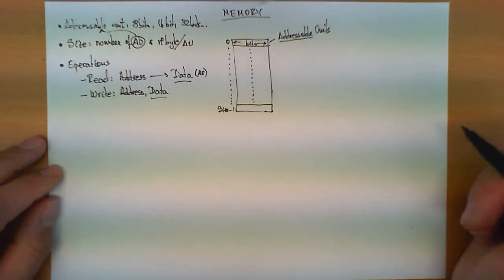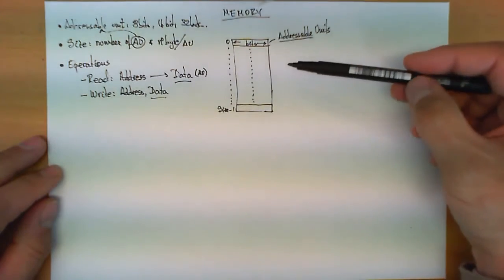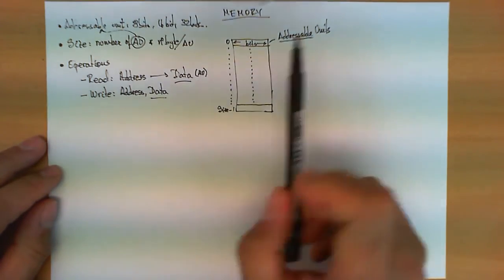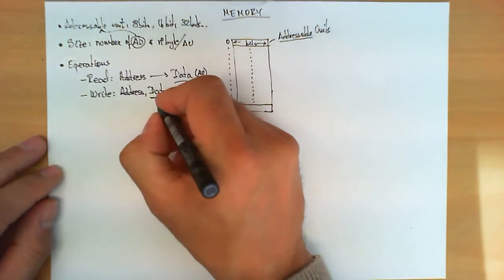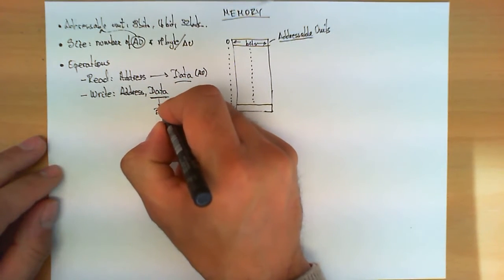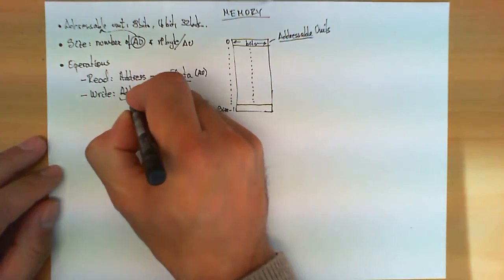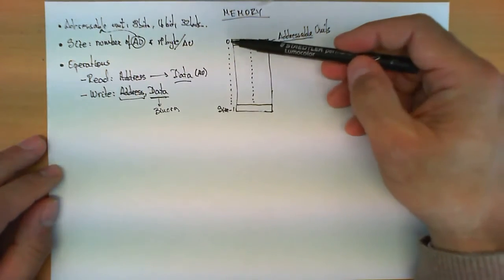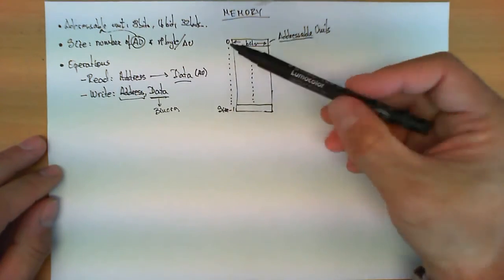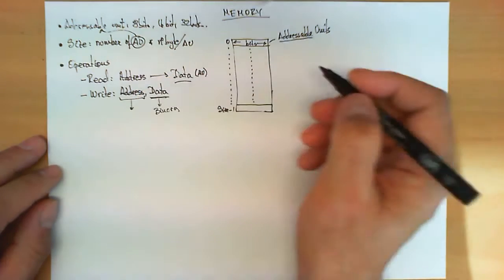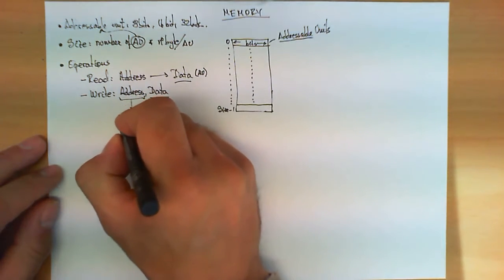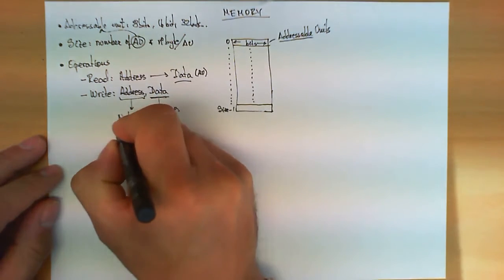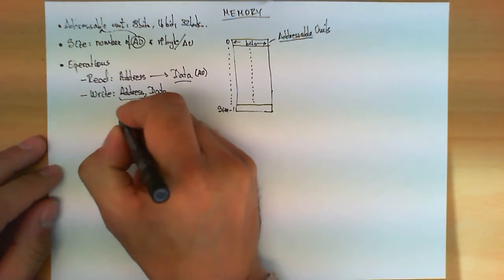Now, as we have seen before, all these units and all this information needs to be encoded with zeros and ones. In the case of data, this is trivial. We're going to use some binary representation. But in the case of the address, as we can see, it's a natural number going from 0 to size - 1, and what we are going to do is encode it as a natural number in base 2.